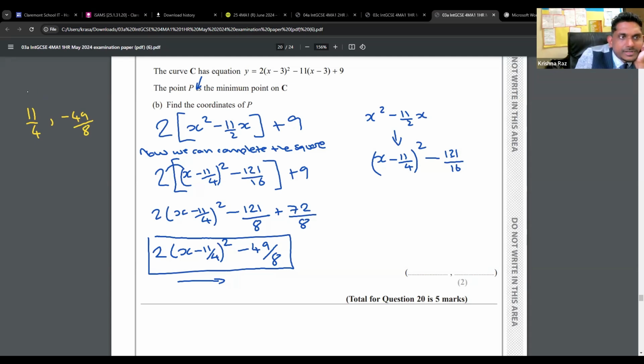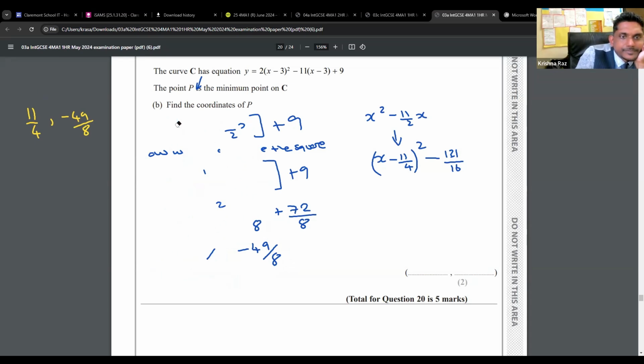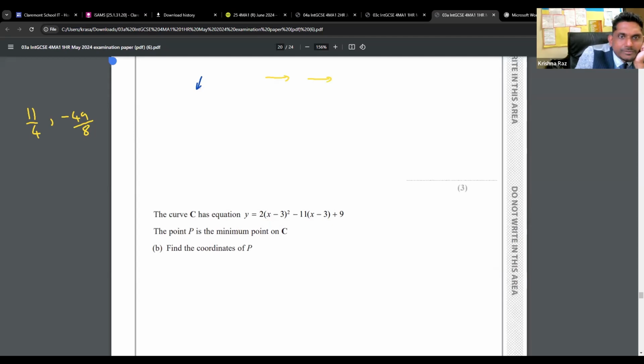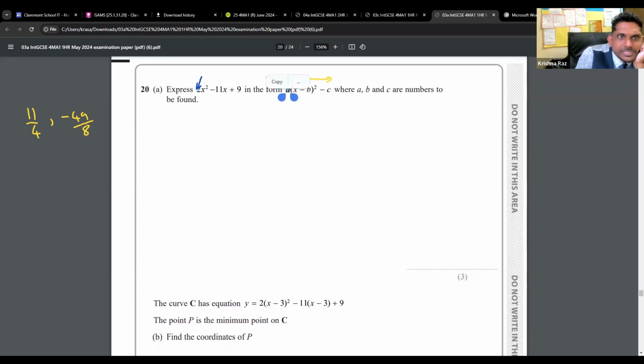So if I clear this, we're now just going to amend our answer. Because the difference between this and the original equation is the graph is moved 3 to the right. If we compare the question, it's exactly the same.